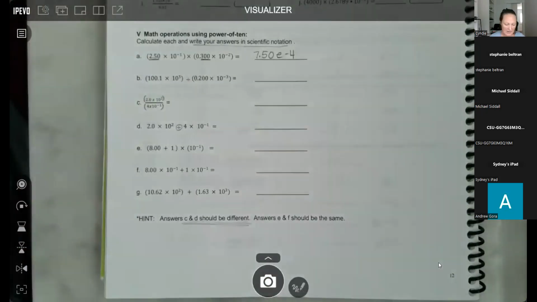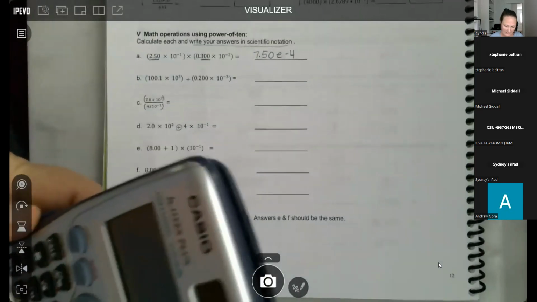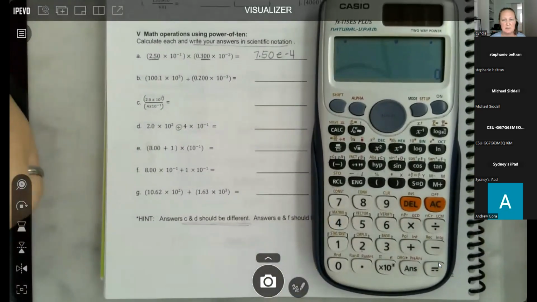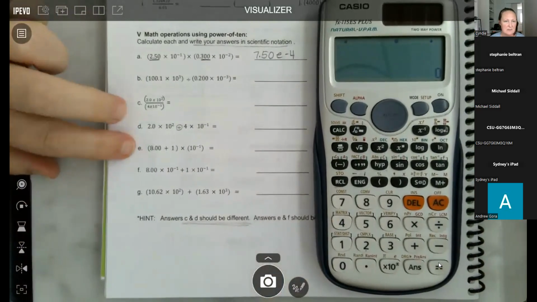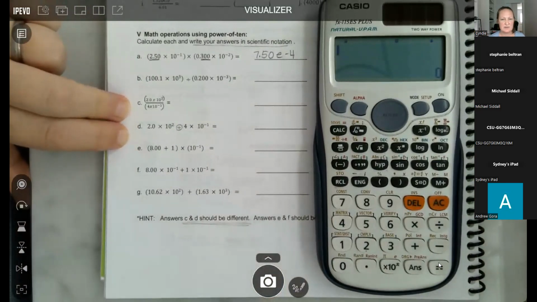Okay, so looking at how that would look in the calculator. Right, and I did a very similar problem to this in the pre-lab lecture video. It wasn't the same exact numbers, right? But it was basically the same exact problem with different numbers. So I hope everybody is watching that pre-lab lecture video because I'm giving you all the helpful hints and things that are important to complete the activity.